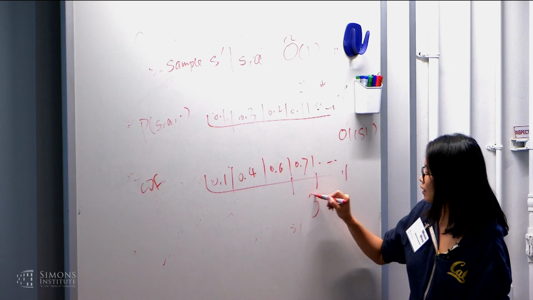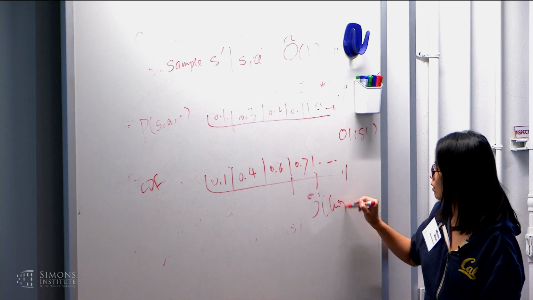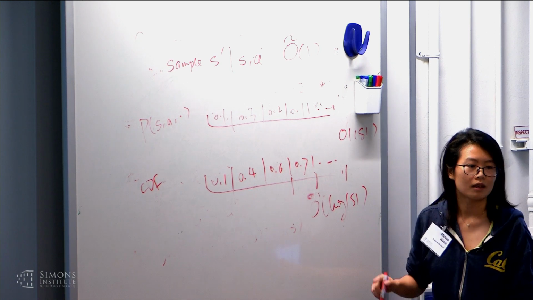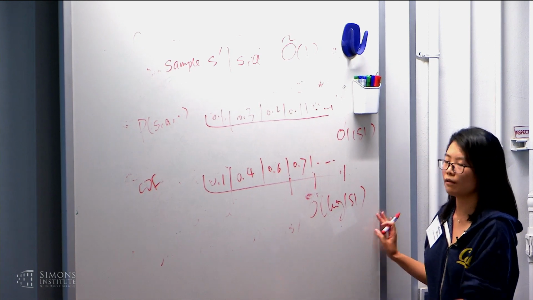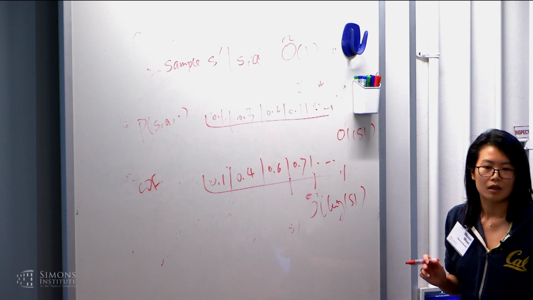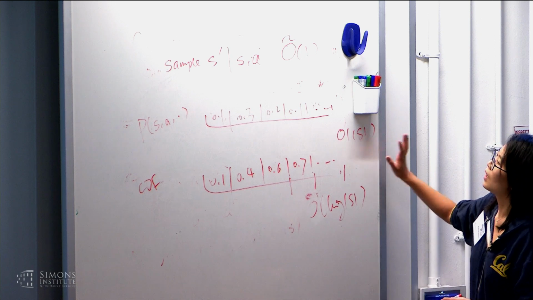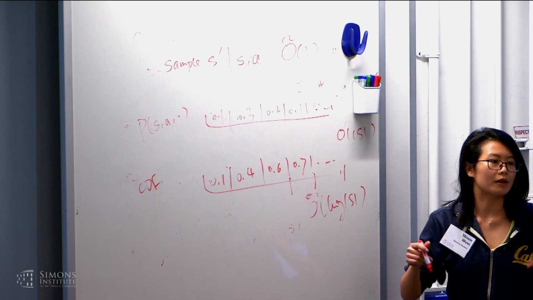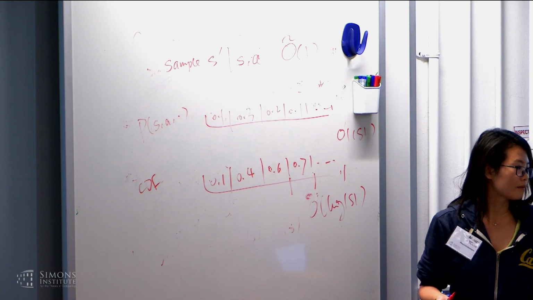And this can be done in O(log S) time. This is a trivial result from, I don't know, theory of computing. So we can generate a sample from a discrete probability vector in nearly constant time.